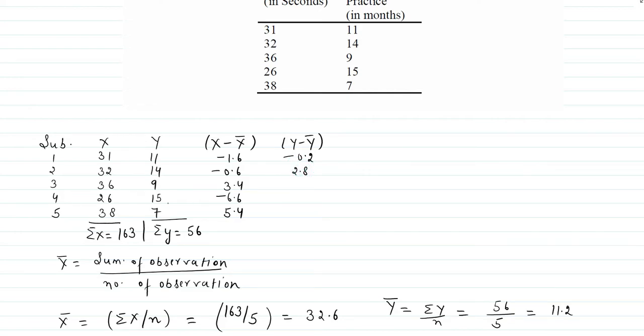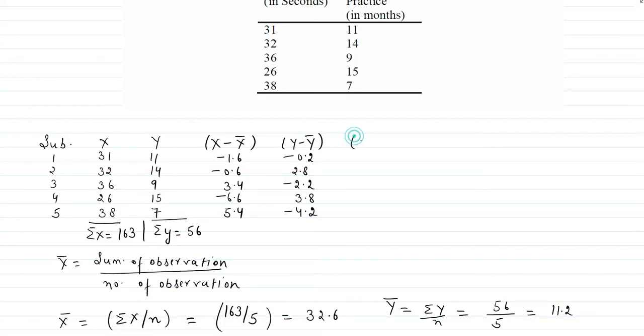Next 9 minus 11.2 is minus 2.2. Next is 15 minus 11.2, that is 3.8. Next is 7 minus 11.2, that is minus 4.2. So here we got x minus x bar and y minus y bar.